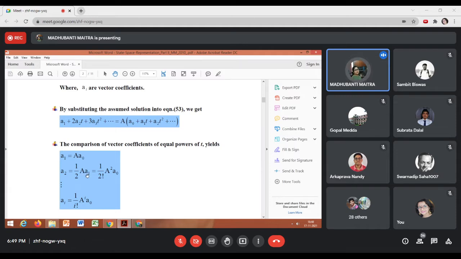Now, already we have seen that a1 is equal to A into a0. So if we put this value of a1 in this equation, then we'll get a2 is equal to 1 by factorial 2 A square into a0.